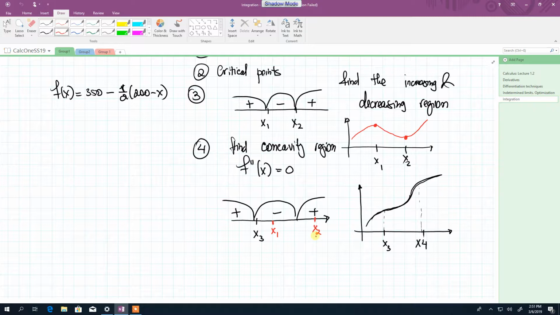You understand this? If your function is concave down in some region and your extremum point is in that region, it means your function attains its maximum, okay? If it is concave up in that region, your function attains its minimum, okay?